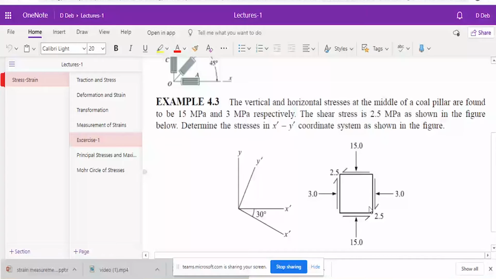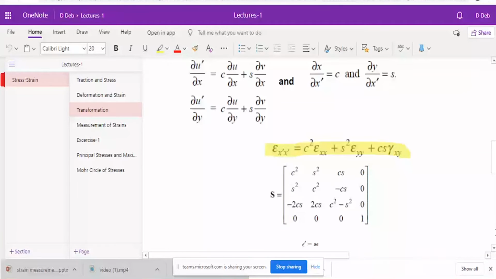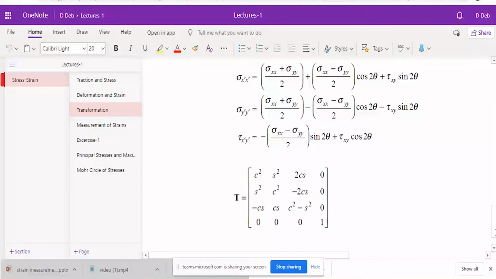The formula doesn't know whether you are in solid mechanics or rock mechanics. Let me show you the formula again. This is the formula. Here you will use the positive value. This formula is also made for rock mechanics, so you can use it. You will have to use the positive value.